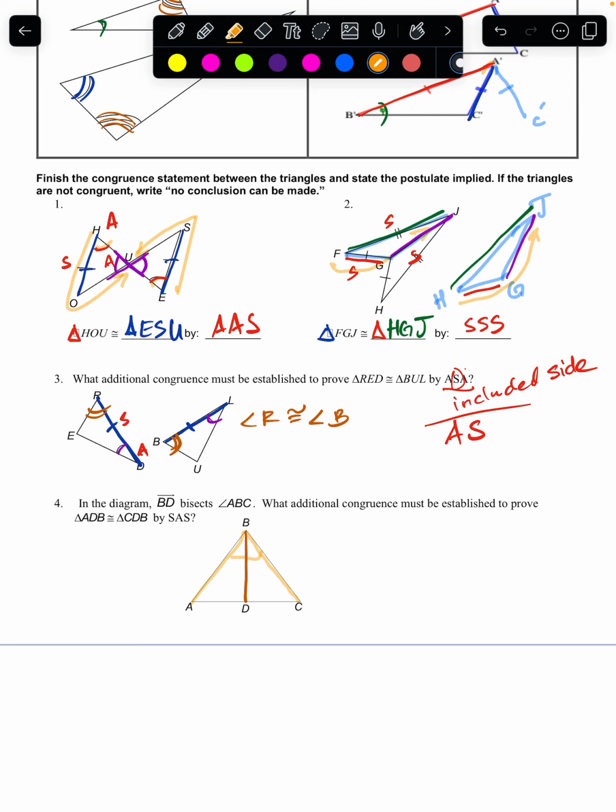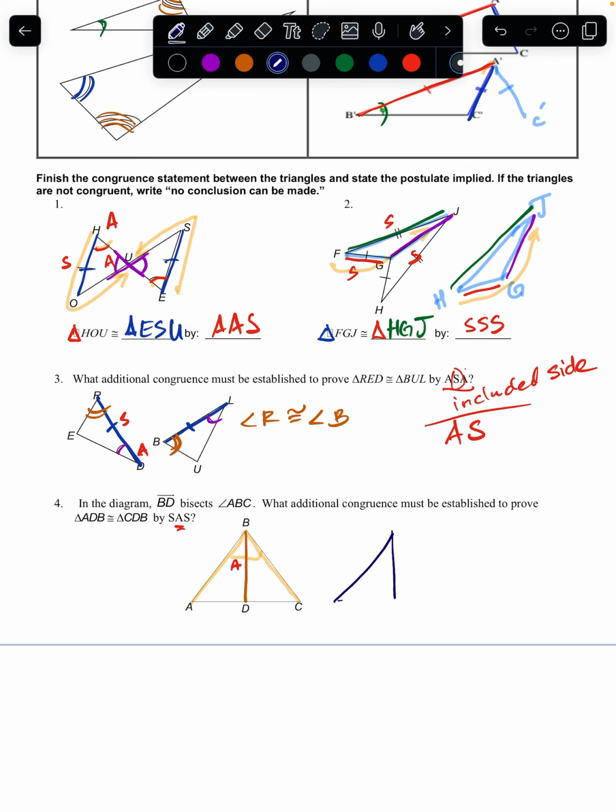What additional congruence must be established to prove that the two triangles, triangle ADB and triangle CDB, are congruent by SAS? Again, notice that A is in the middle, right? So I need, and I've got one angle right here. Let's draw another triangle.